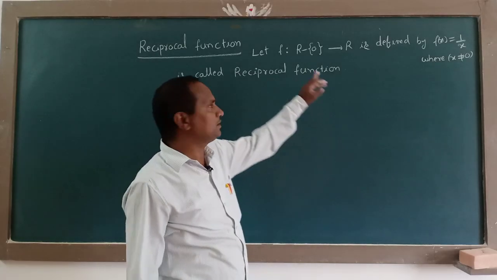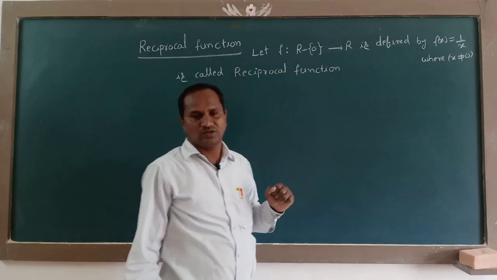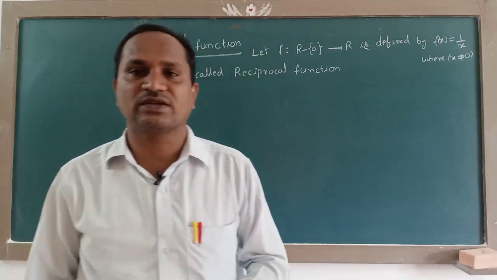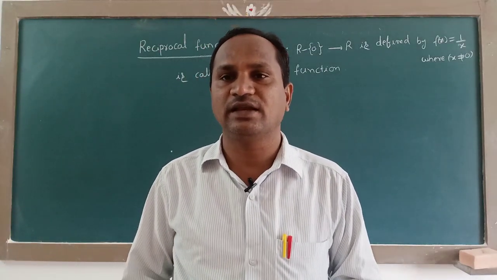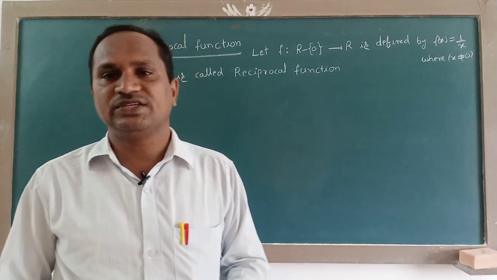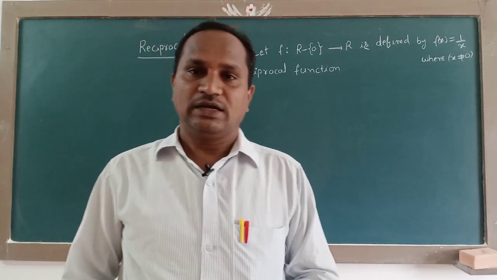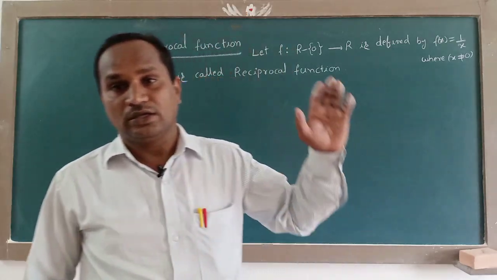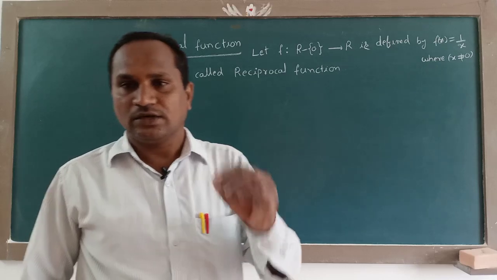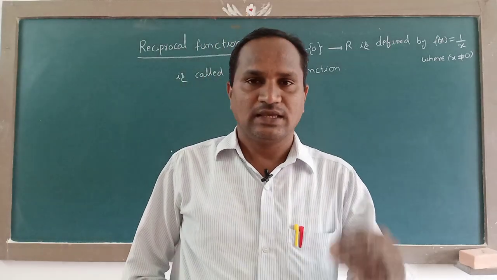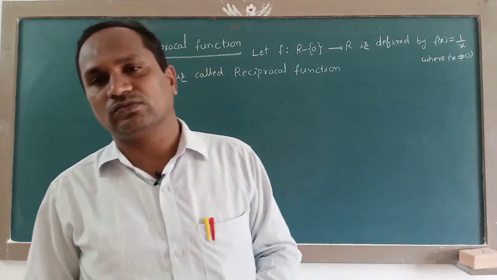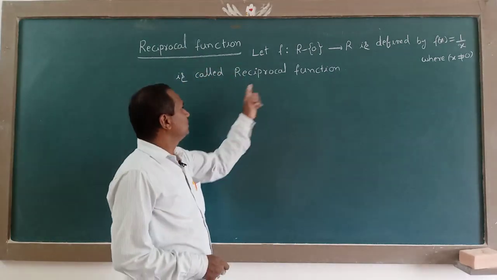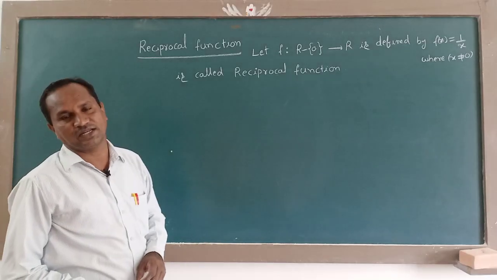That's what I mentioned here, R minus 0. If you take x as 0, it does not give a perfect meaning. It is a meaningless term. 1 by 0 becomes infinite, and infinite is not a number. That's why in the reciprocal function, f of x equal to 1 by x means x should not equal 0. That is, x is not equal to 0 is called the reciprocal function.